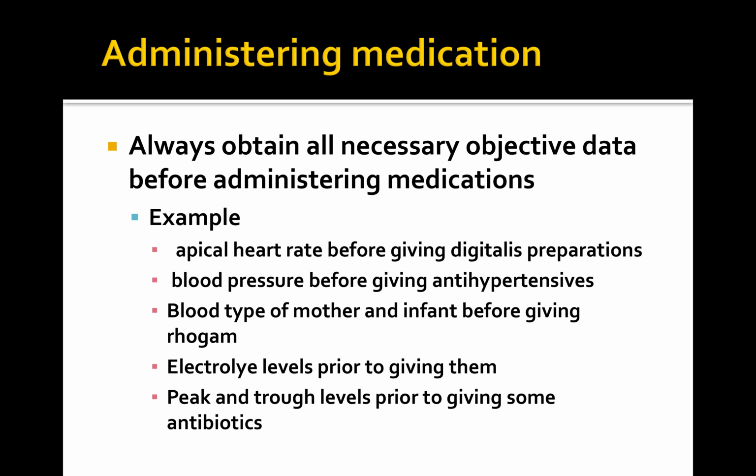If the mother doesn't have a negative Rh factor, she doesn't need RhoGAM. Or if the mom has a negative Rh factor and the baby has a negative Rh factor. Sometimes it's ordered anyway just because the mother has a negative blood type. But if the baby is negative, we don't need to give it. And you'll learn about that at a later time. But if the baby has a positive blood type, then we will give it.